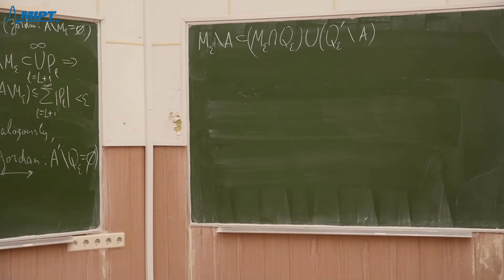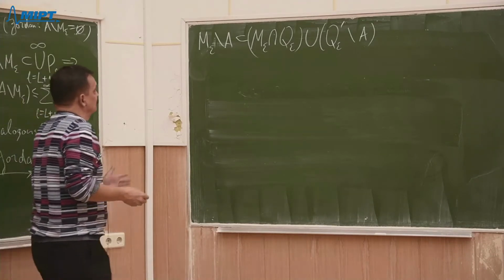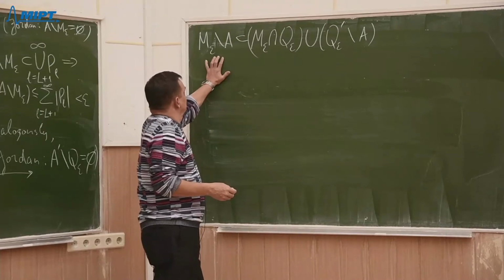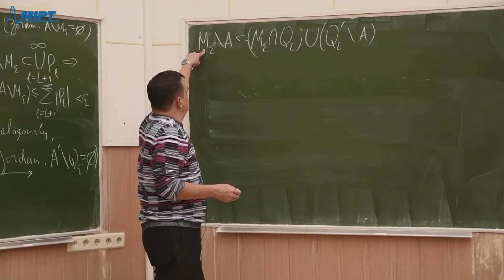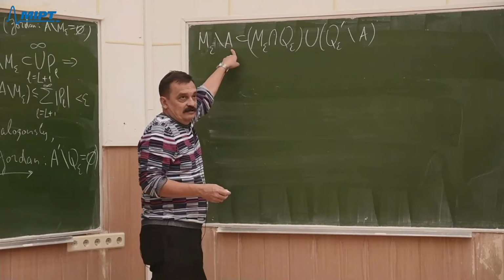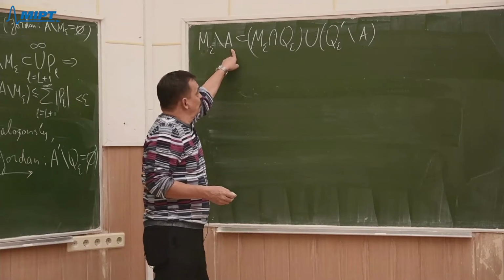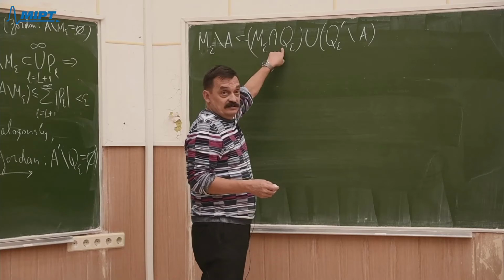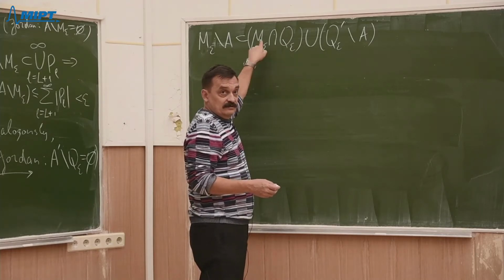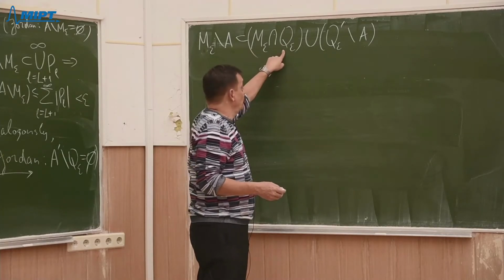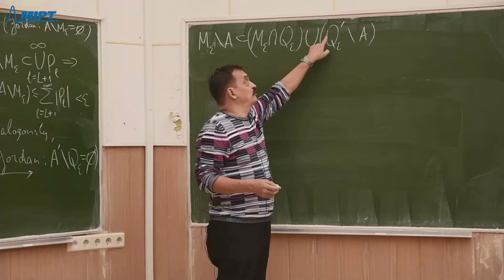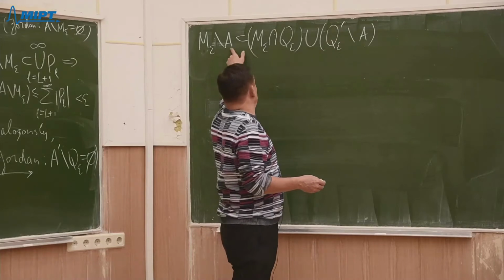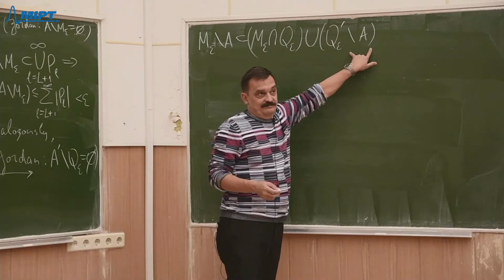So look at what we have here. Everything in M epsilon which is not in A, right? Then where is it? It is either simultaneously in Q epsilon, then it is in this intersection, or it does not belong to Q epsilon, so it is in Q epsilon prime. But it does not belong to A, right?